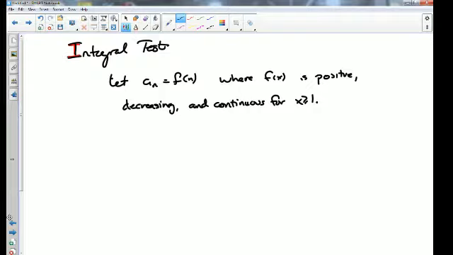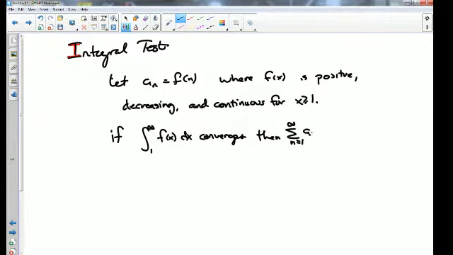Then, if the integral converges, from 1 to infinity, then the series converges. So really all we have here is an improper integral to calculate once you determine this is the test you need to use.